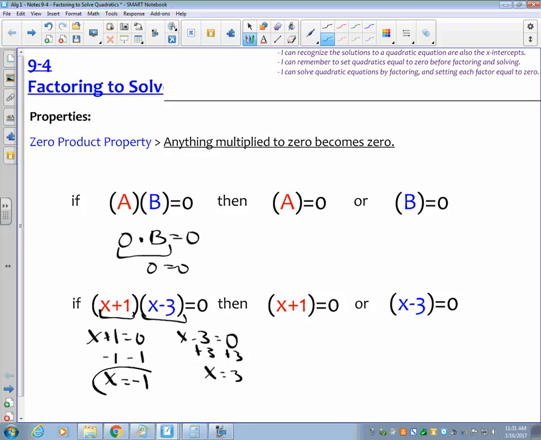So that means x equals -1 is a solution, and x equals 3 is a solution. When you factor it out, it branches into two different problems. The answer to the first problem is a solution, and the answer to the second problem is also a solution. Give me a thumbs up if you're ready for the next page.